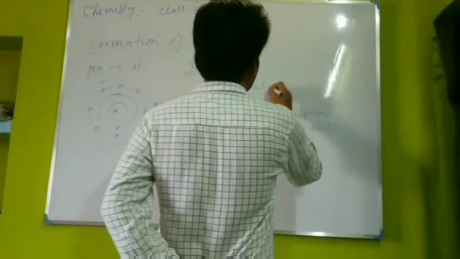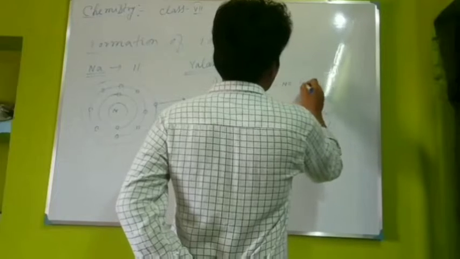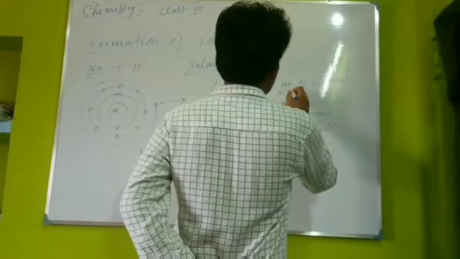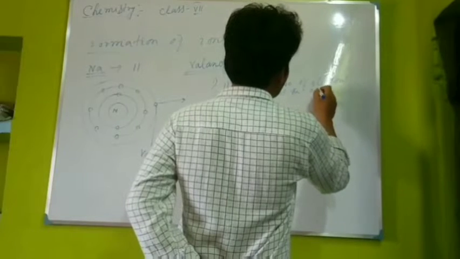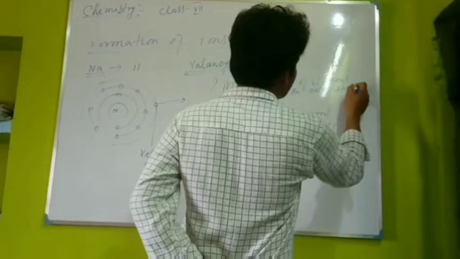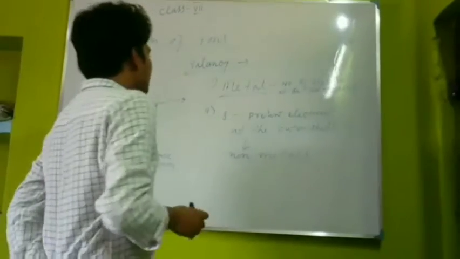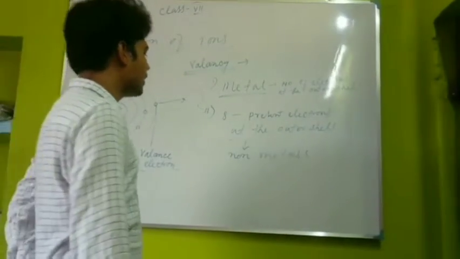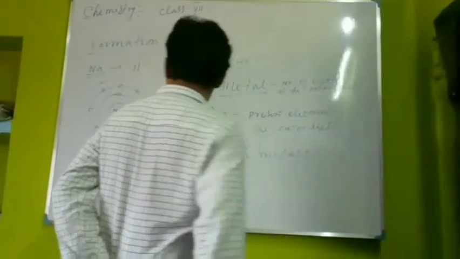And for the metals, it is the number of electrons at the outer shell. So to find out the valency, we must apply these two rules for metal and for the non-metals.